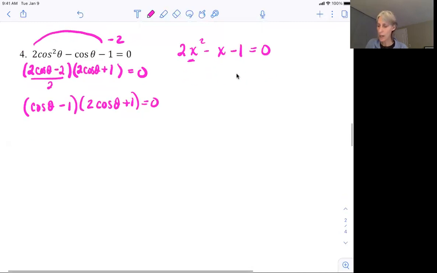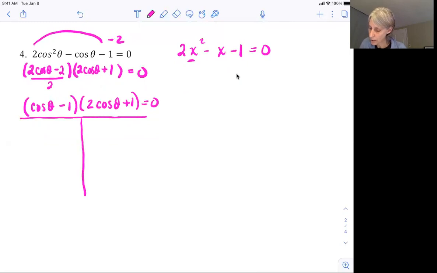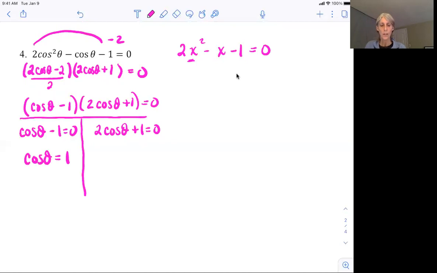Now continuing on, we're going to set each factor equal to 0. For the left factor, we get cosine theta equals 1. So now we want to think about where the cosine of theta equals 1.